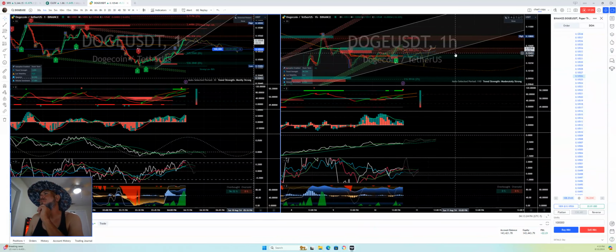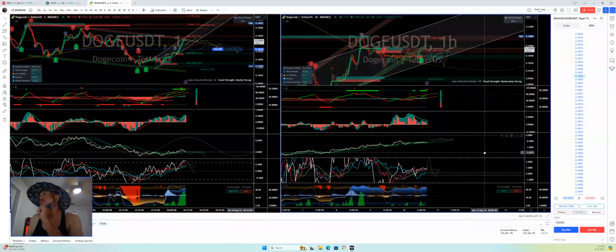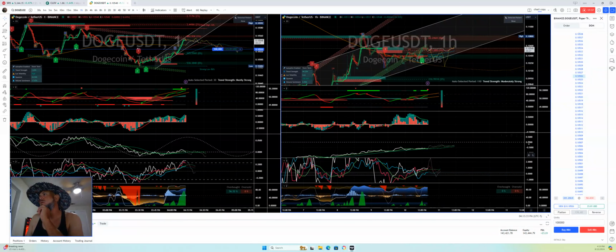Now, technically, it's trying to work its way to a positive area because being underneath here is negative momentum, even though it's positively structured.